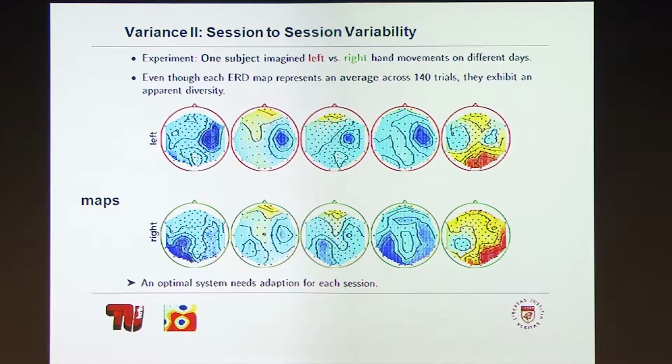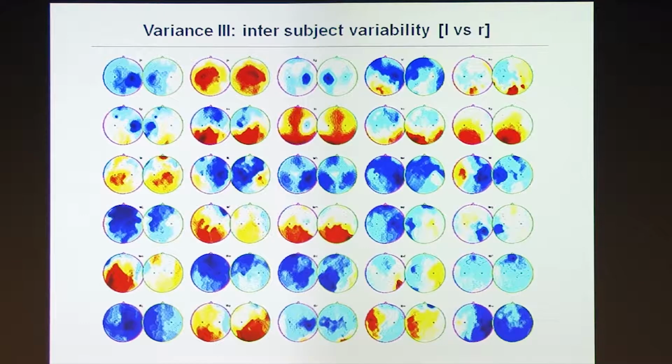And then, if you think about different subjects, the last slide was one subject, one textbook subject, so to say, imagining left versus right. And these are just a whole bunch of different subjects, 30 of them.